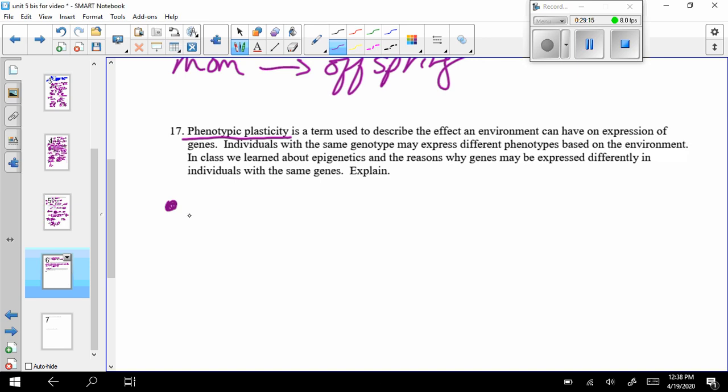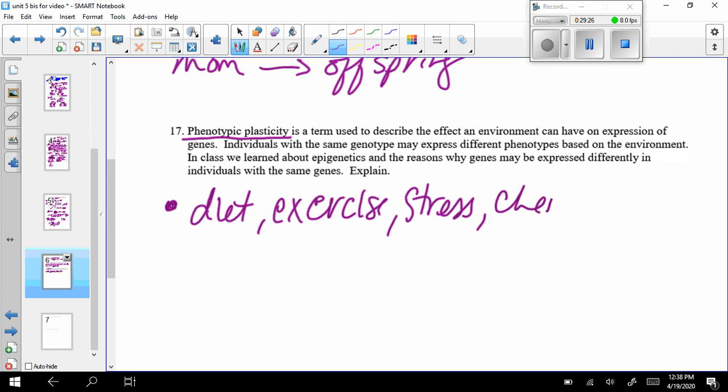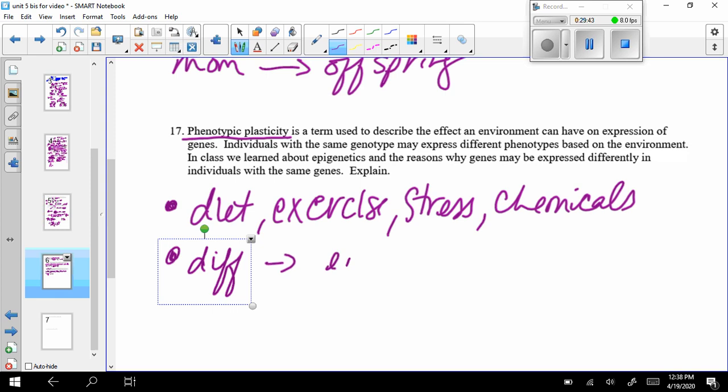So we looked at things like their diet and the amount of exercise that people were getting and the stress and chemicals that they were exposed to. All of those things could end up having an effect either to inhibit or to activate a certain gene. And we call the different expressions of genes epigenetics.